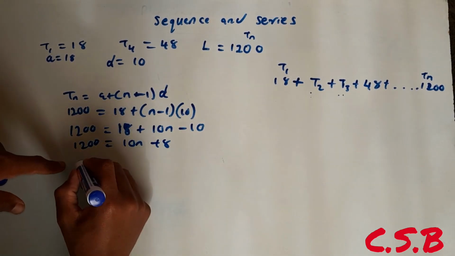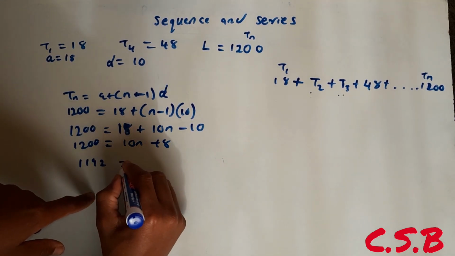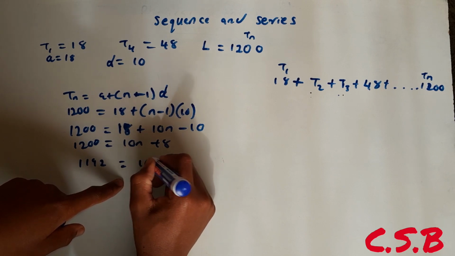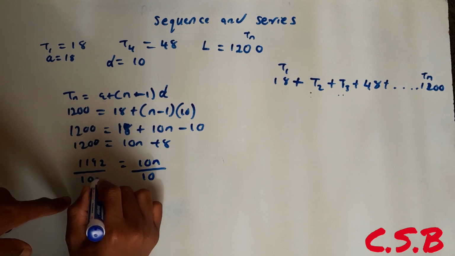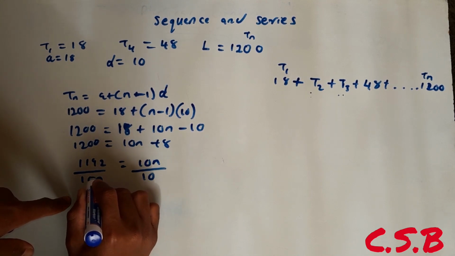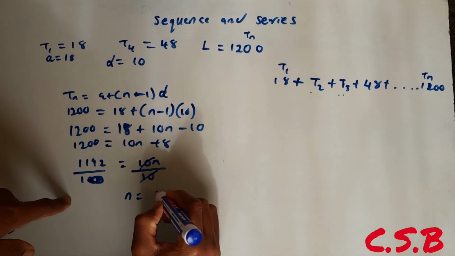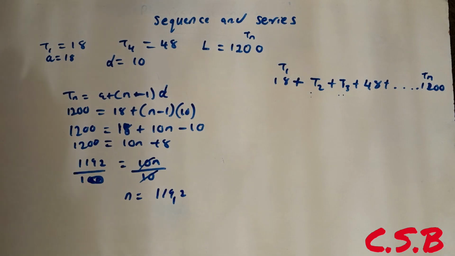If you bring this to this side, it's going to be 1192 is equal to 10n. Then you divide this by 10, and that by 10, and this cancels out. Then it's 119.2, if I'm not mistaken.